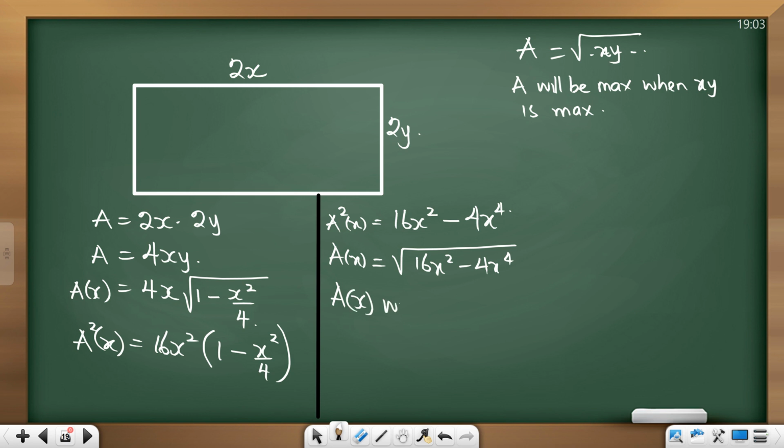A of x will be maximum when 16x squared minus 4x to the power of 4 is maximum.